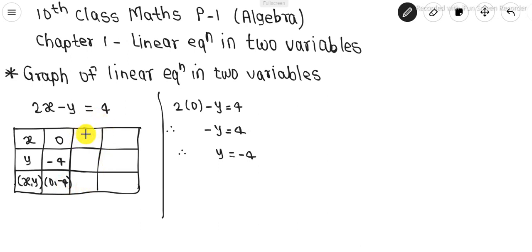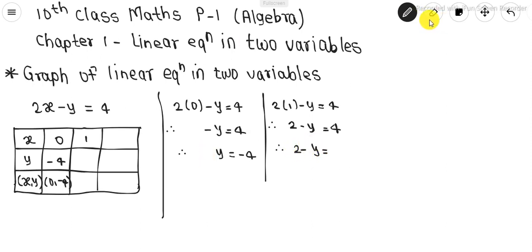Now if we put the value of x equal to 1 in the given equation, 2 minus y is equal to 4. Here 2 is positive, so it becomes negative on the right hand side.